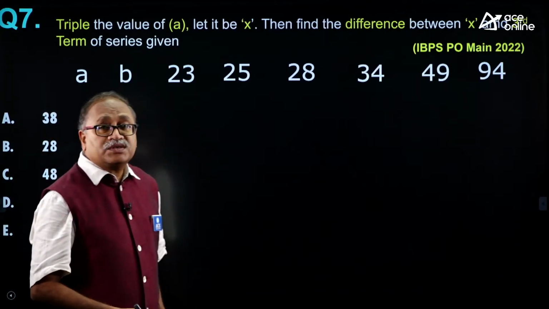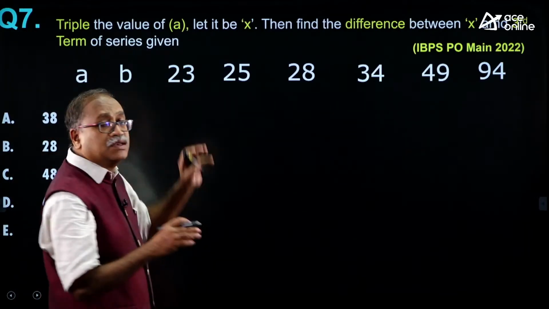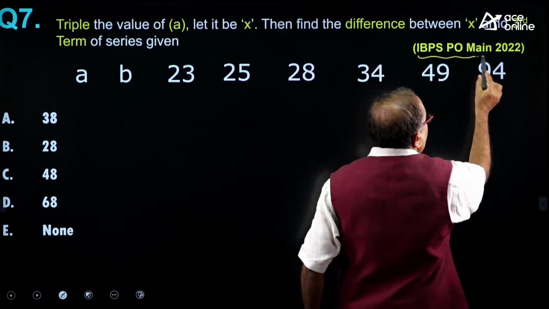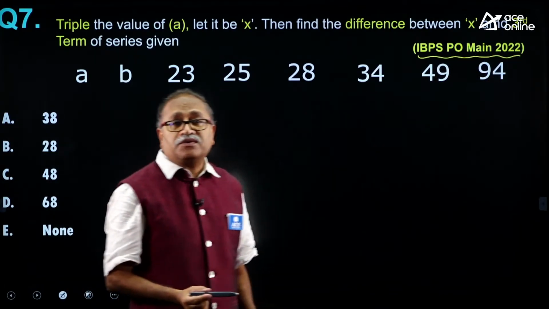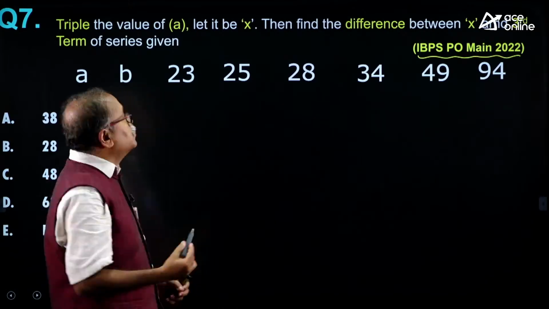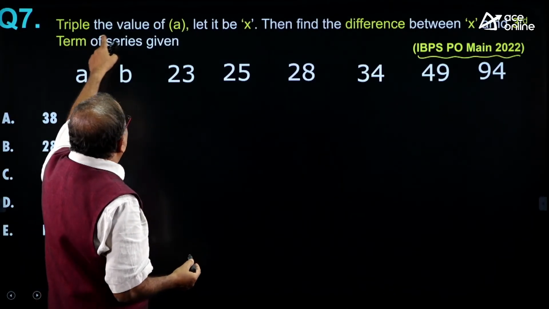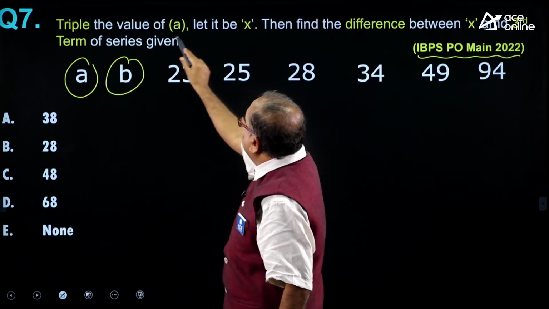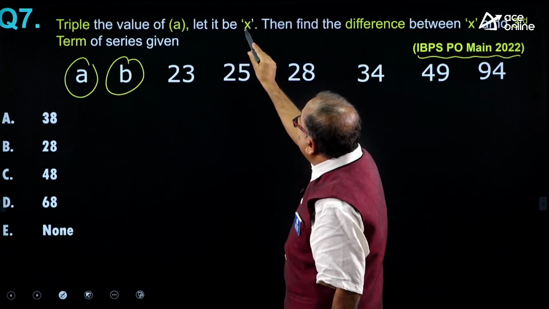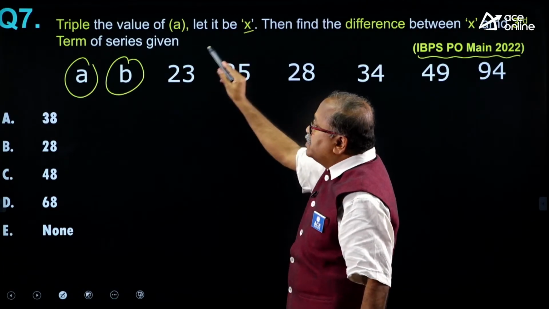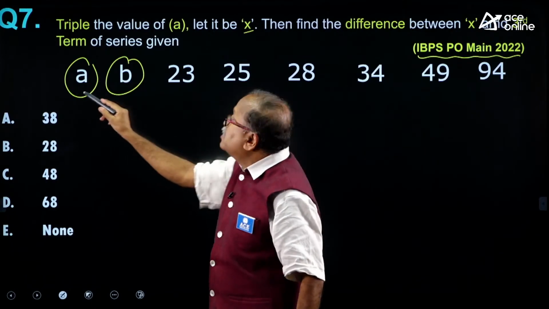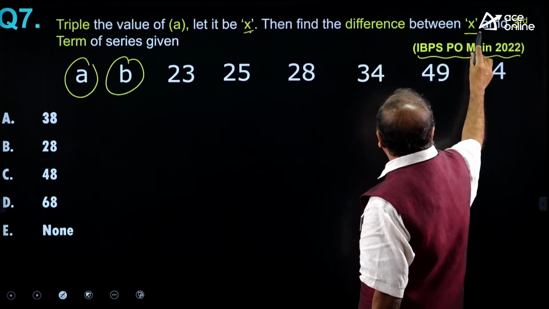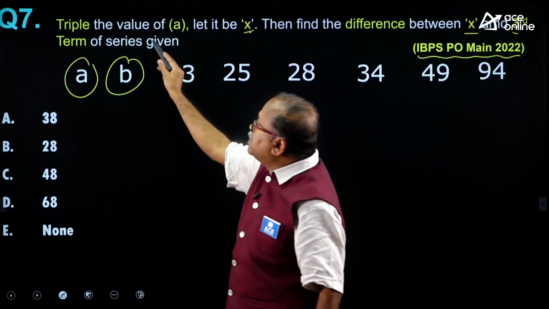Sometimes you get a question of this nature, a little bit complicated. Look at this one, IBPS PO Mains of 2022. Please look at these questions. It is said that triple the value of A, here it is A, here it is B, triple the value of A, let it be X. So, when I make 3A, that is called X, and then find the difference between X and the third term in the series.